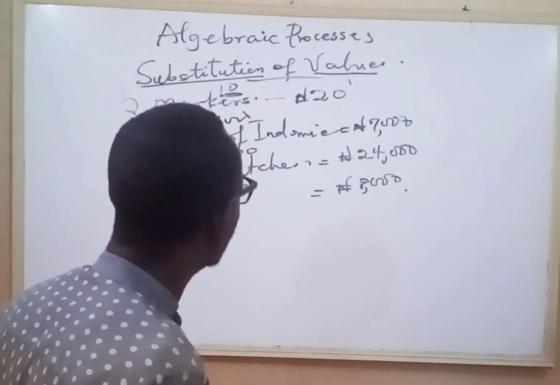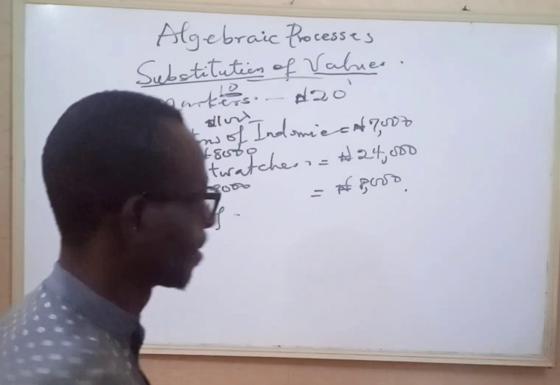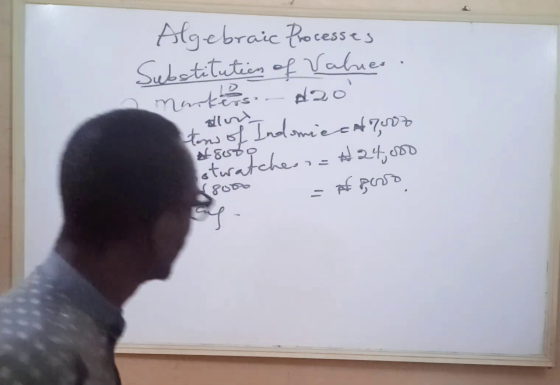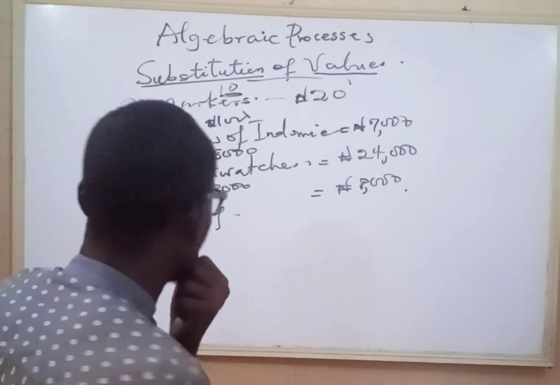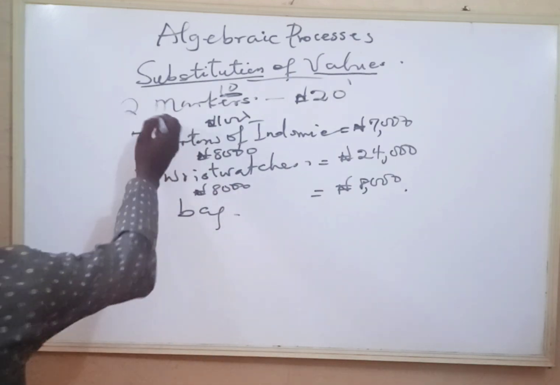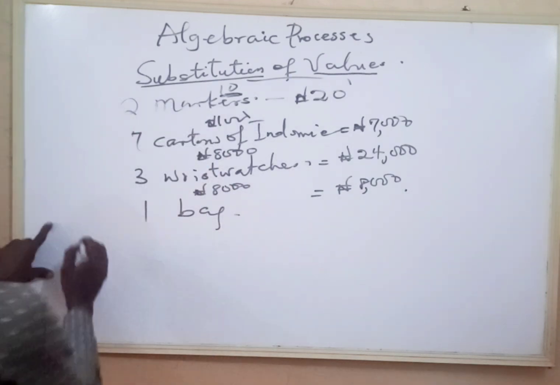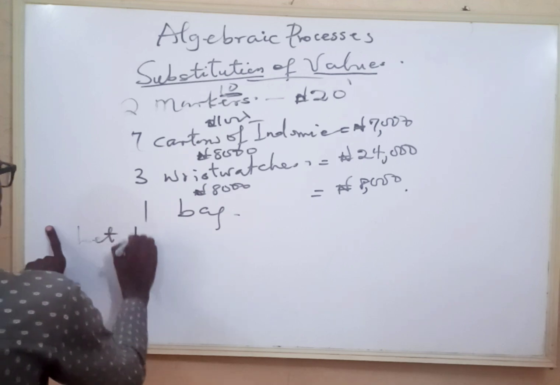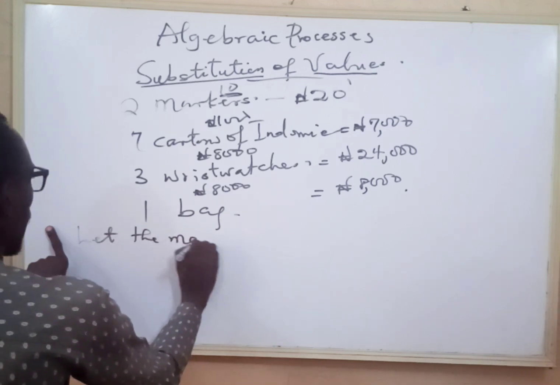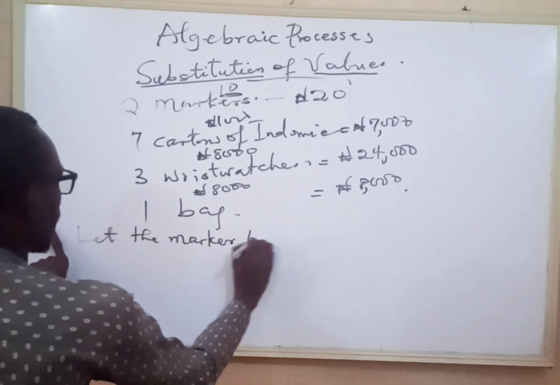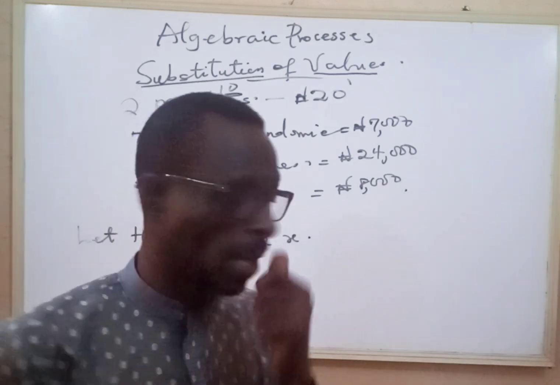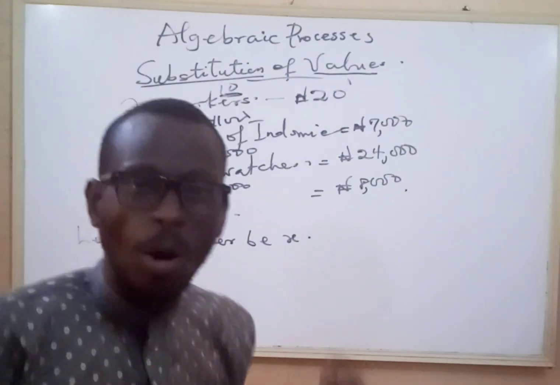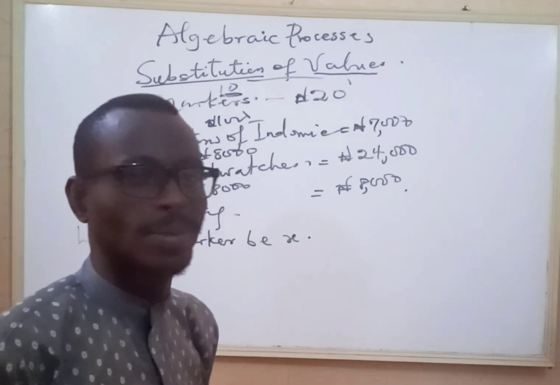But how does this go with mathematics? Let's relate the same thing you have done here in a mathematical form, and let's see. Let's look into this. We have the marker be x. And we have said in the foundation of this platform that an object is a variable.